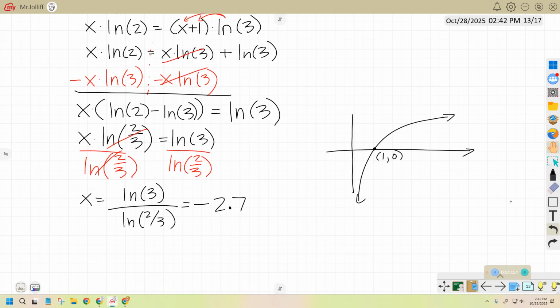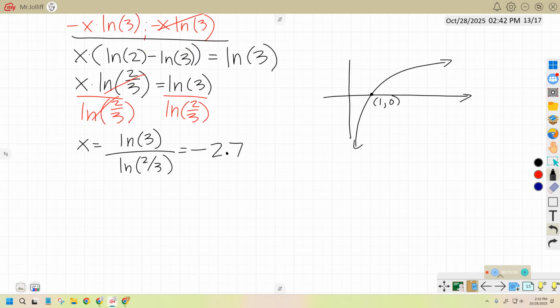We do. We have one quick one that's not going to take very long at all. Without any calculations, what is the solution to that equation? 2 to the 1 is 2, 3 to the 1 is 3, 2 does not equal 3.